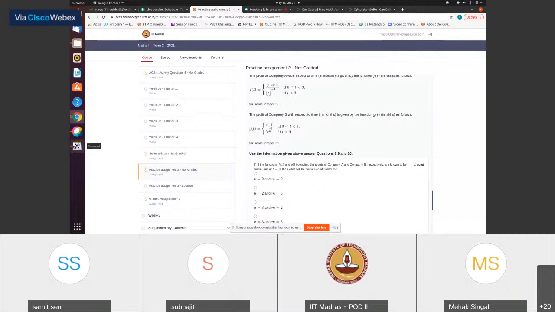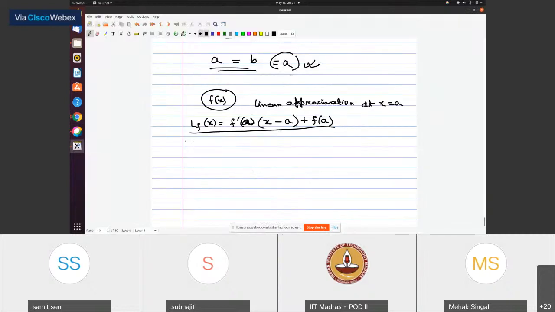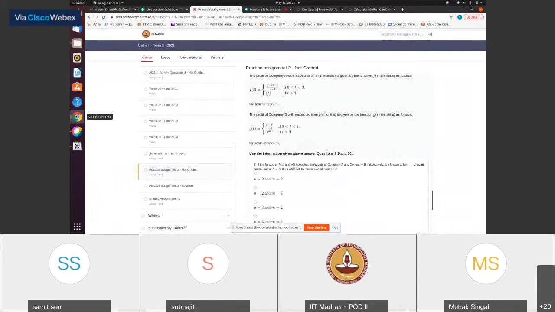So our function becomes f(t) here. f(t) is (t minus 2) power 3 minus 1 by (t minus 3), something like this was the function, right? (t minus 2) power half.